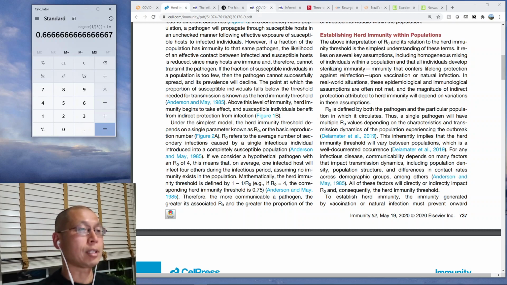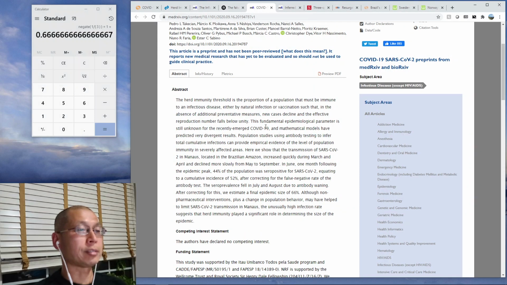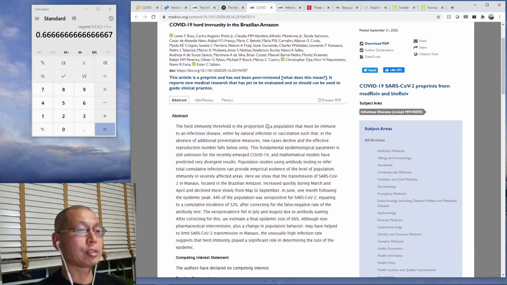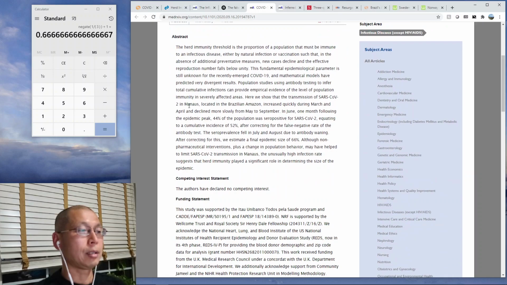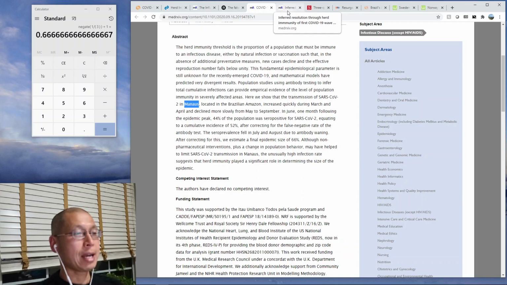One of the places is a city in Brazil called Manaus. I don't know if I'm pronouncing that correctly, but Manaus right here. This is a city in the Brazilian Amazon that has a population of about 2.2 million, and early in the year, like March, April, they had an uncontrolled outbreak, and it was terrible, and the disease went through their population, and several papers were written.